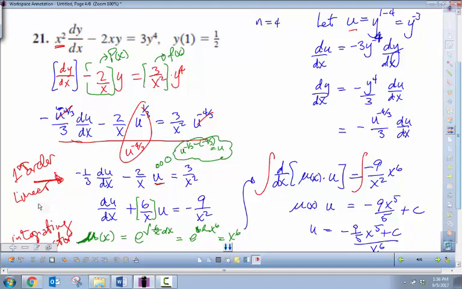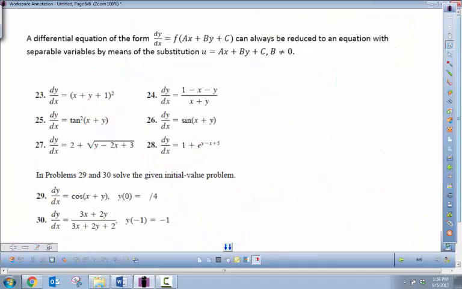Oh, the one that I'm introducing? Some of them might turn out to be a Bernoulli equation, but some might not, so you have to be careful. Is this not Bernoulli, right?